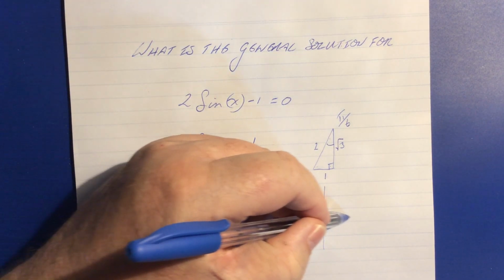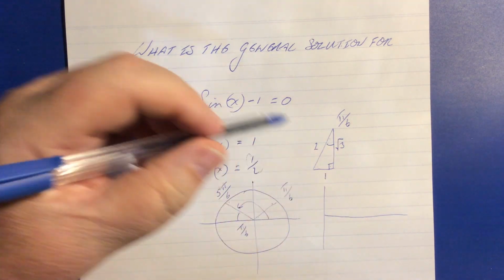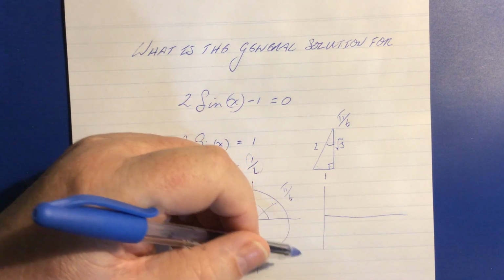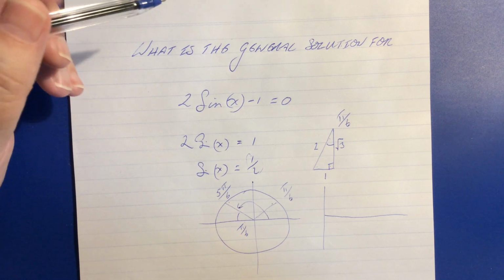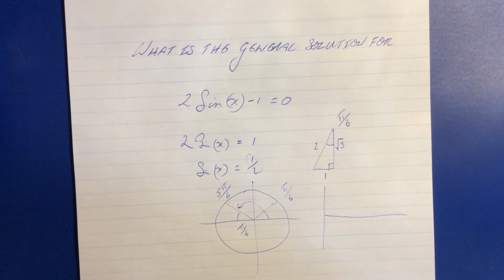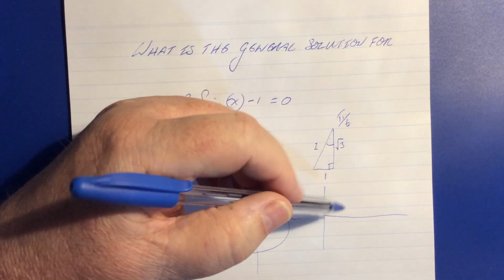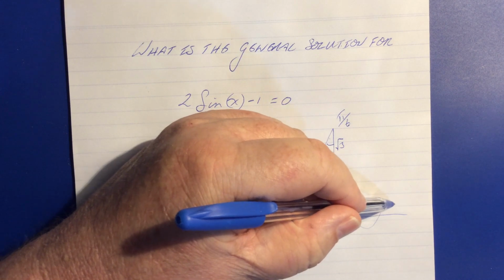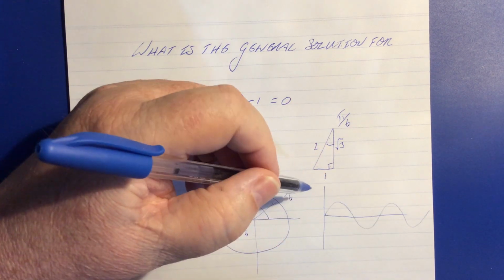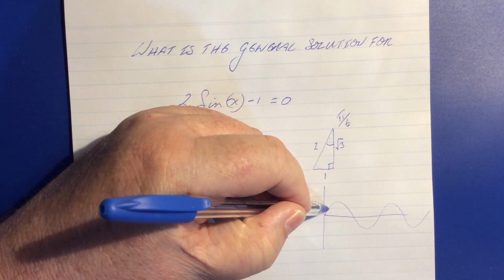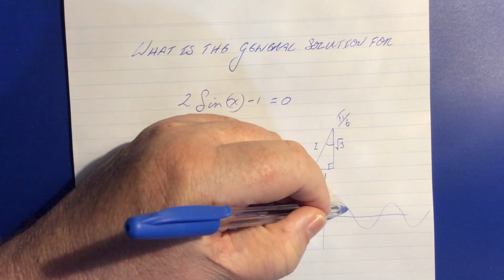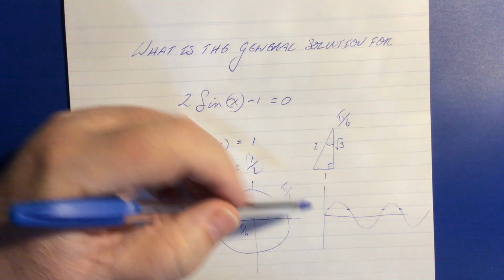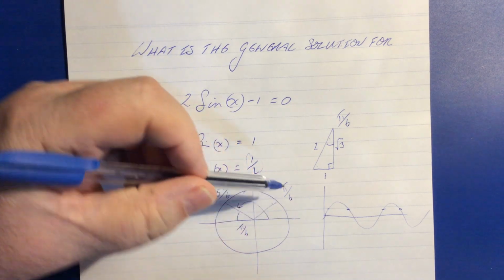When I was talking earlier about the endless nature of a sine graph, or for that matter a cosine graph, or for that matter a tangent graph, if you ignore the asymptotes, what we have with a sine graph is this sort of continual wave, and pi on 6 is here, 5 pi on 6 is here, but we also find that we've got values here and here, and so forth and so on, and indeed back in this direction as well.